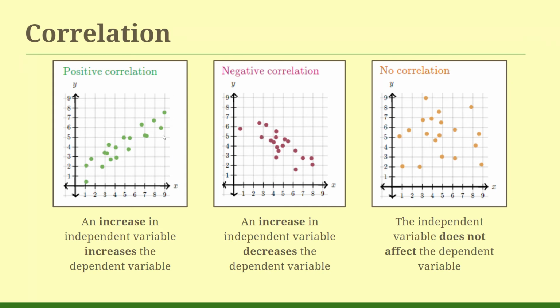And so if we see this shape, then we can make this claim. If we see this shape, it's evidence that supports this claim. And if we see this shape, it's evidence for supporting the claim that the independent variable or the amplitude does not affect the dependent variable or the speed.